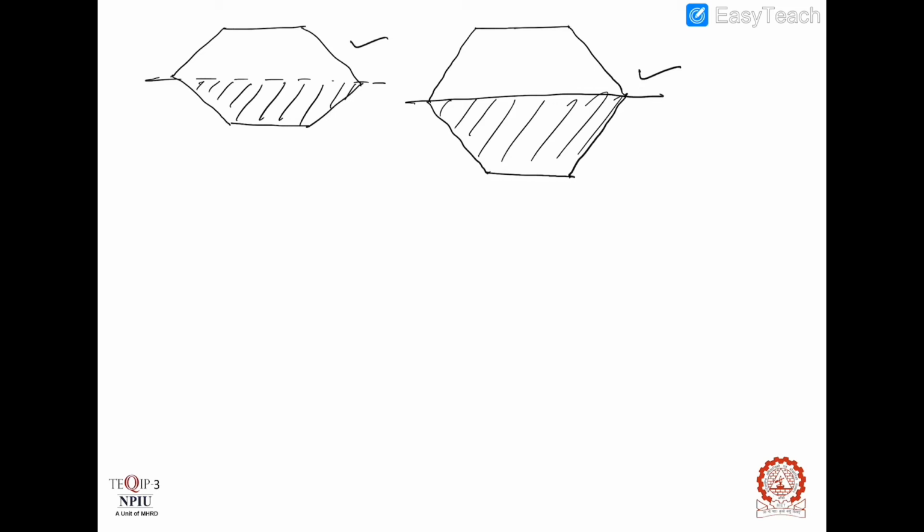It is not necessary to always have half of a regular hexagon for the most economical channel section.